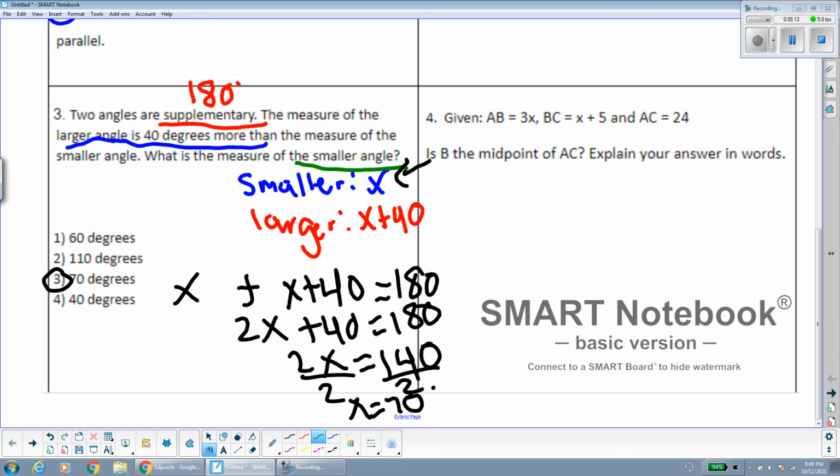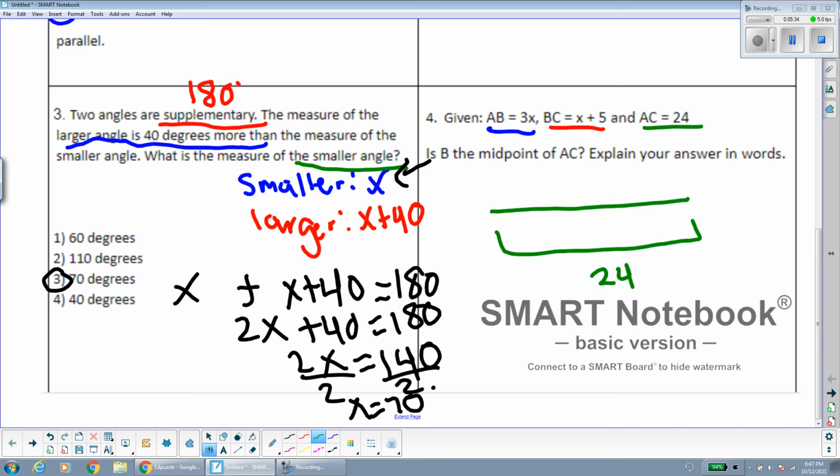So first I'm going to just draw a diagram to represent the situation. So I have AB is 3x, I have BC is x plus 5, and I know that the whole line segment AC is 24. So let me draw a diagram. The whole line segment of AC is 24. Let me draw that. B is somewhere along the line segment.